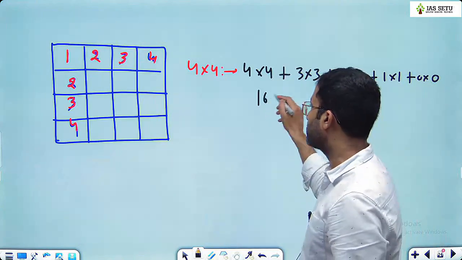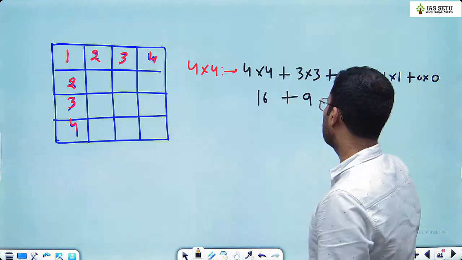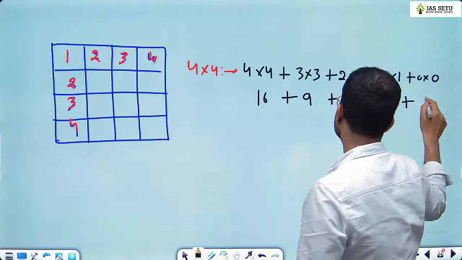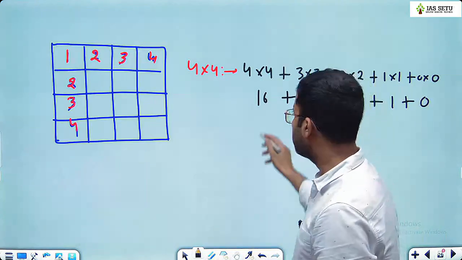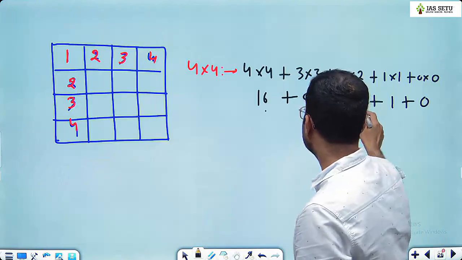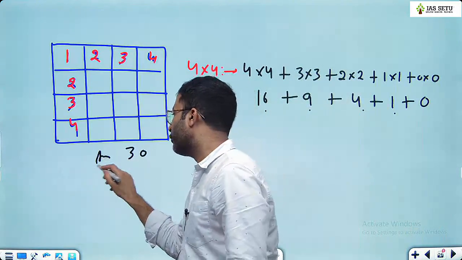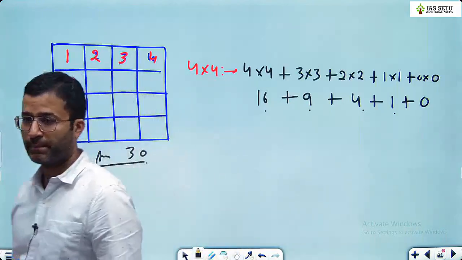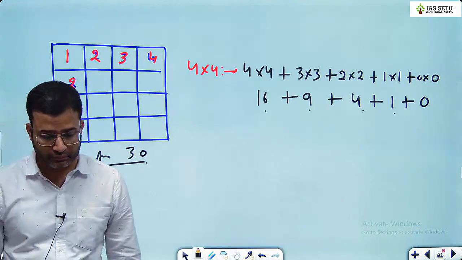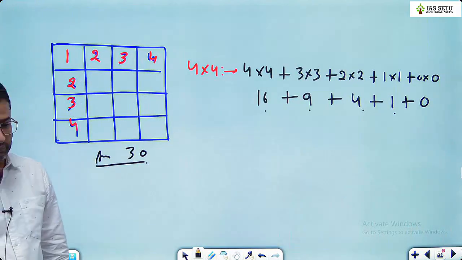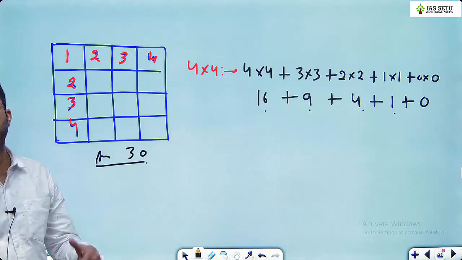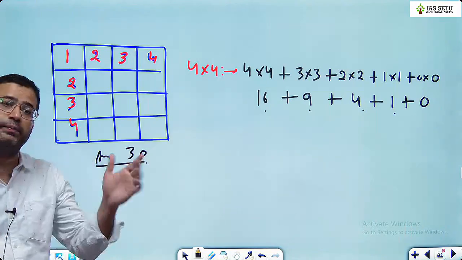So you have 16 plus 9 plus 4 plus 1 plus 0. 16 plus 9 is 25, 29, plus 1, 30. In this given figure, we have 30 squares. This is anytime better than manual counting and permutation and combination.